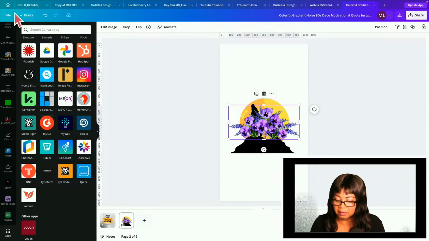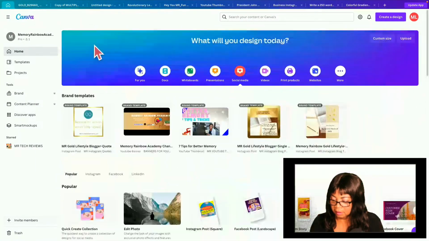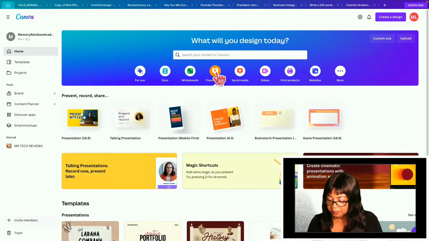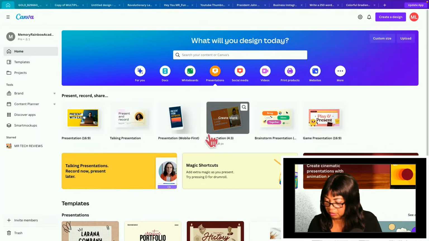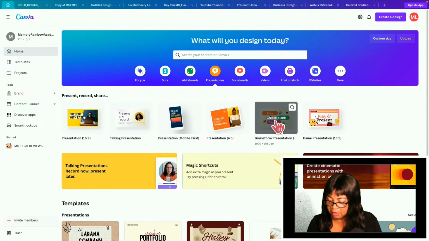All right, so let's go back to the main page. And if you wanted a presentation, you can decide whether you want it to be vertical or horizontal. 1920 by 1080.